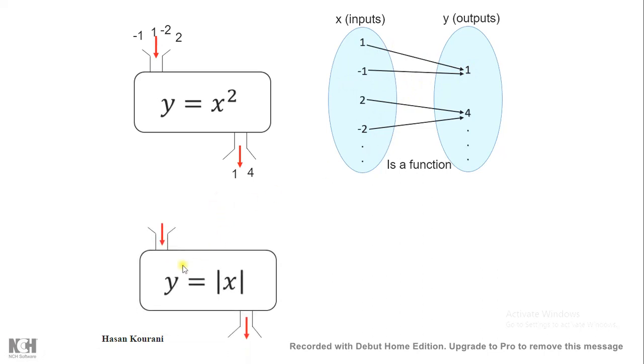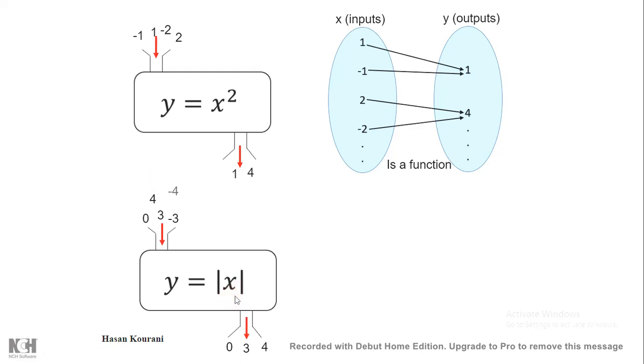Another example, y equal absolute value of x, the absolute value function or relation. If we give it 0, it will give us 0. For input 3, absolute value of 3 is 3. Absolute value of minus 3 is also 3. Absolute value of 4 is 4.